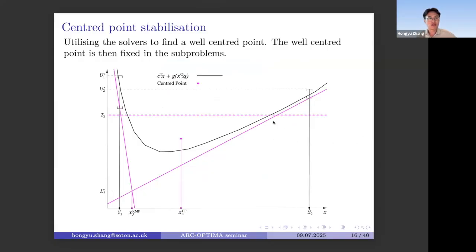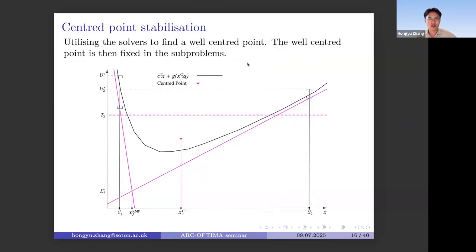Another thing that we need to do to improve Benders is the stabilization. In this case, we propose this centered point stabilization, which is that after you solve your reduced master problem, you do not directly fix that point to your subproblems.